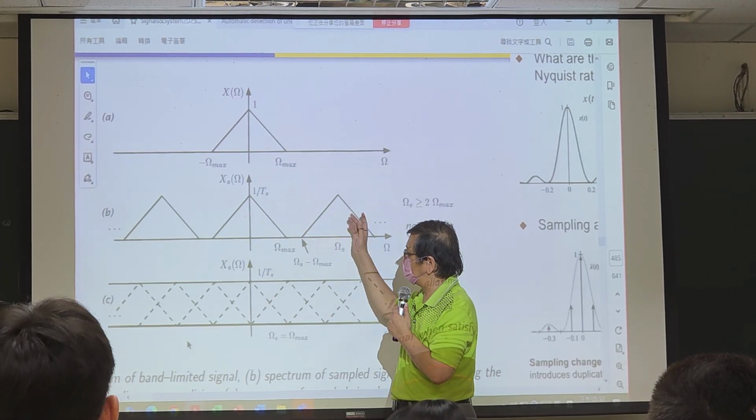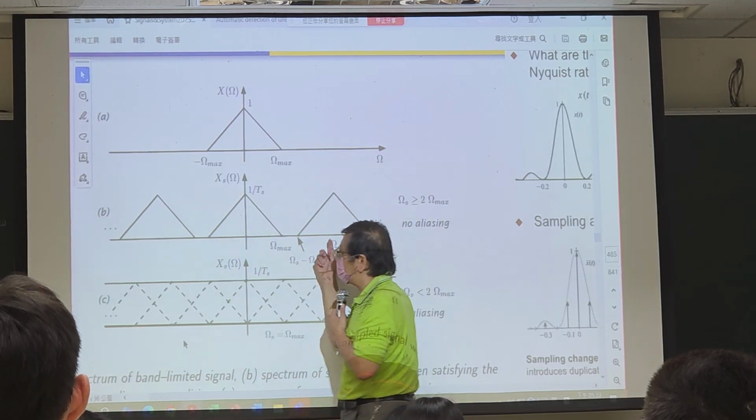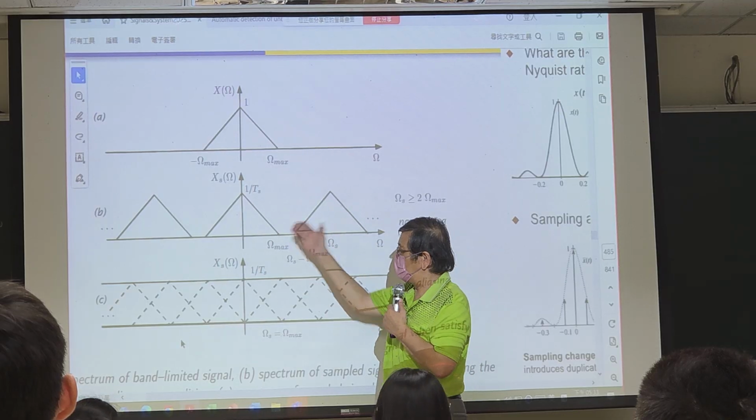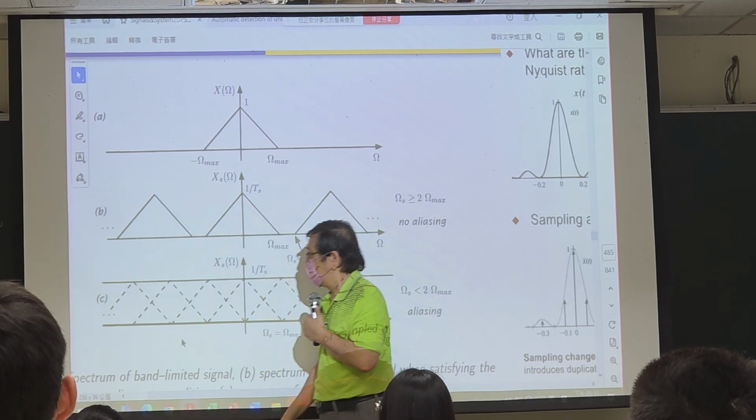Due to the sampling, we produce many copies of the frequency response of the original signal, an infinite number of them.